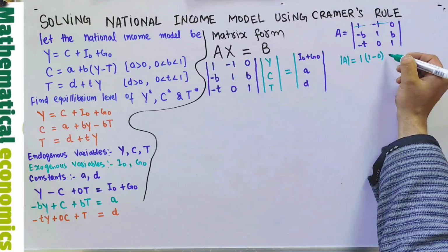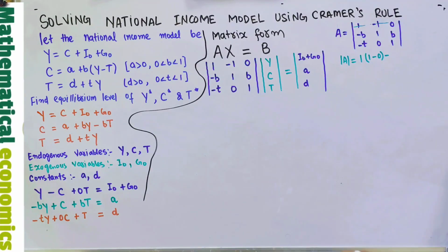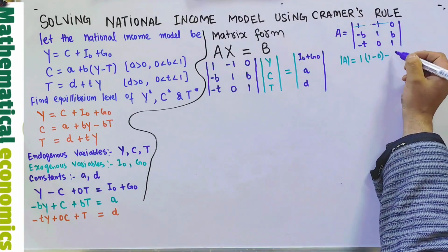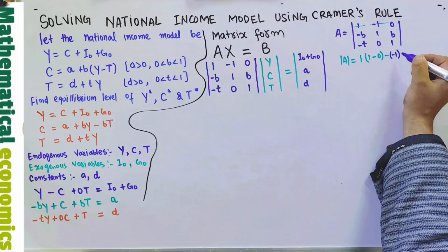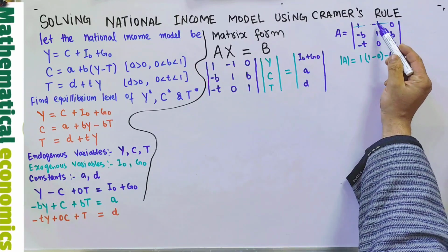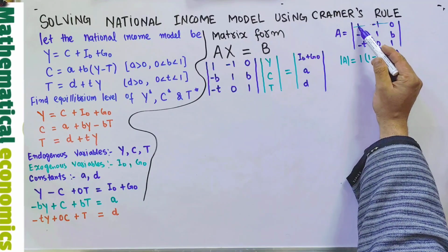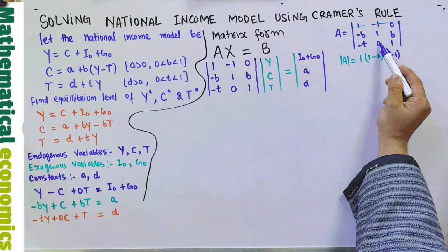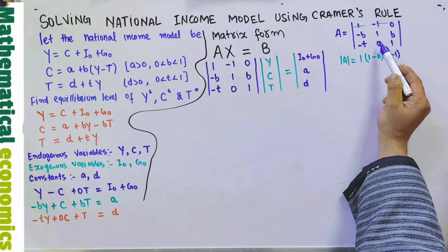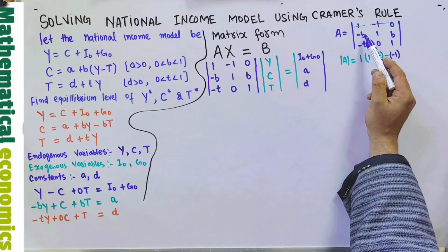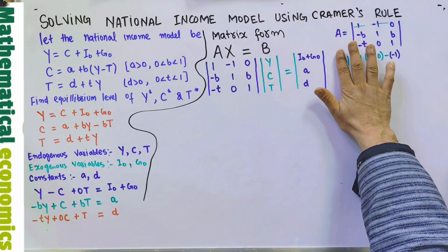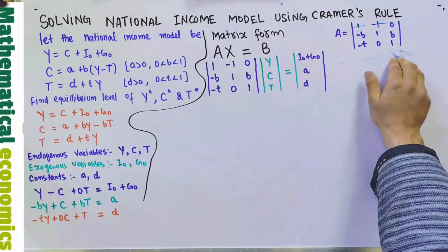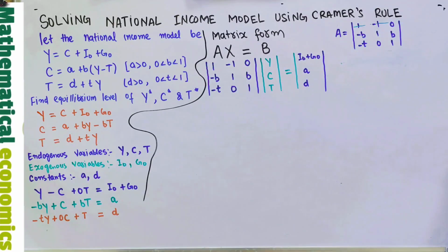After that we write minus, which comes from the formula, and then we write the second element, which is minus 1. We mentally delete the row and the column in which it appears and take the determinant of the remaining elements. Let me show it perfectly well; don't get confused, I will explain it once and for all here.